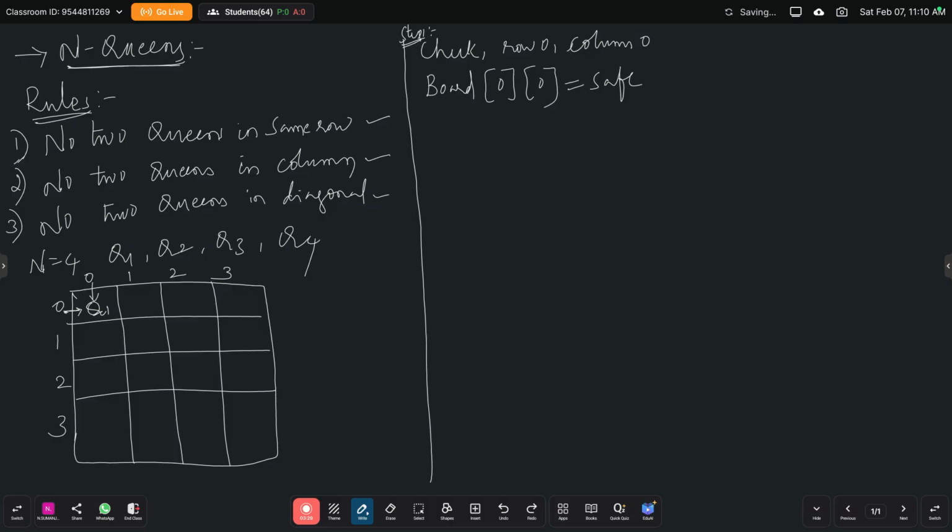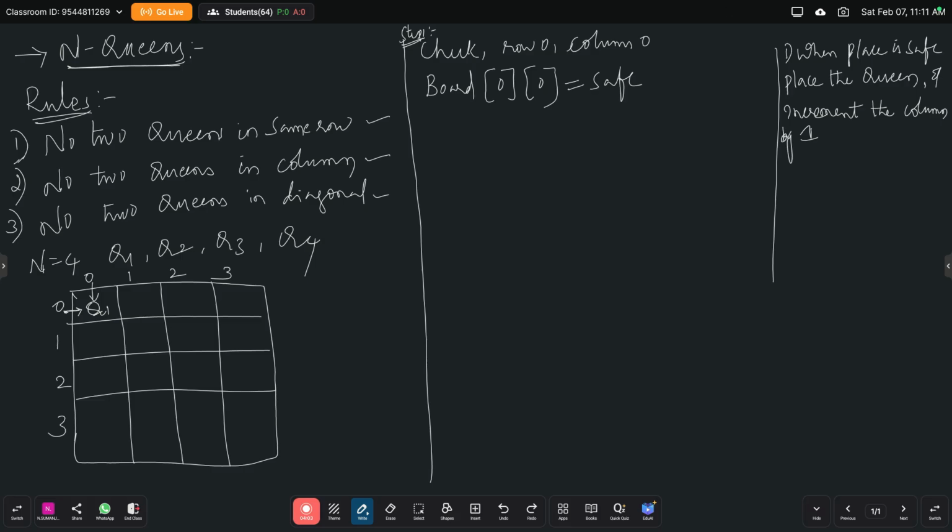Now there are other three rules also. When the place is safe, place the queen, and then increment the column by 1.